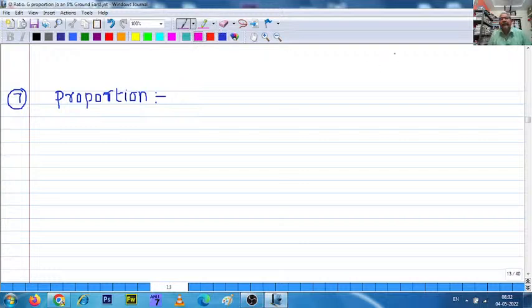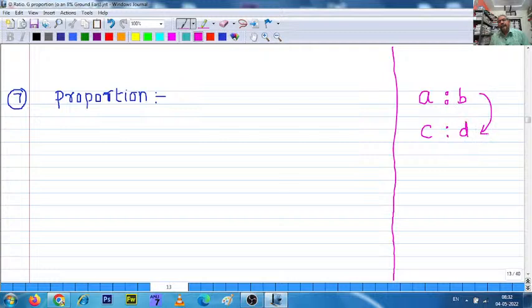First let's have a brief discussion before getting to the concept of proportion. For example, let us consider two ratios. Suppose A is to B and C is to D, and suppose these two ratios are equal.